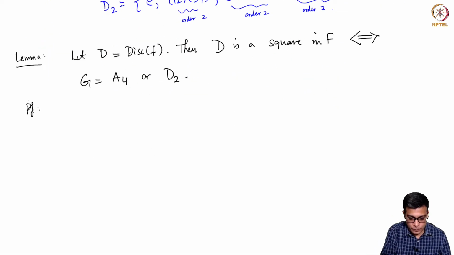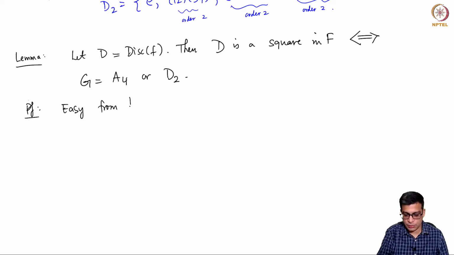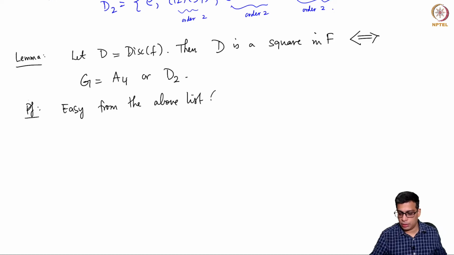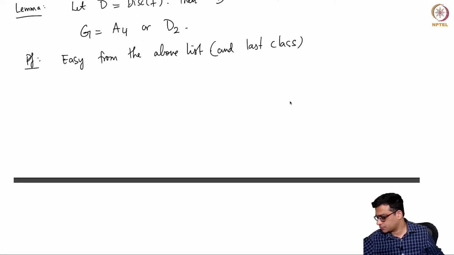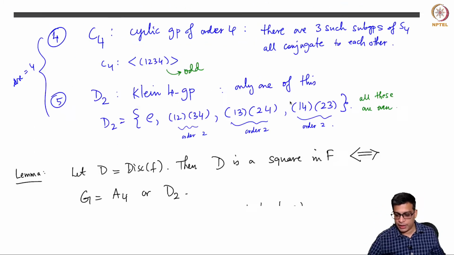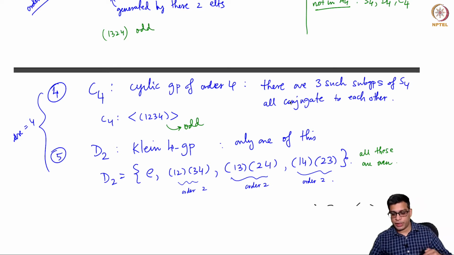Okay, from the above list and the theorem from last class, this is trivial. Now to further analyze, so earlier in the cubic case, discriminant determined the Galois group. It's a square in F means it's A3, it's not a square means it's S3.